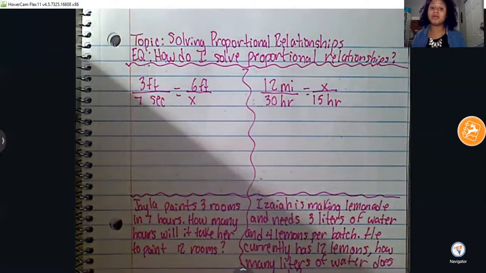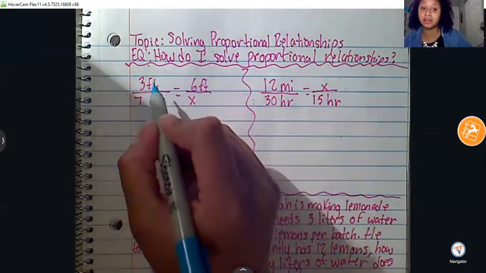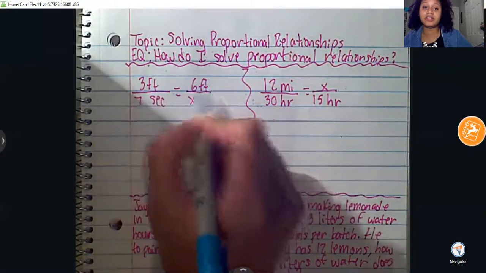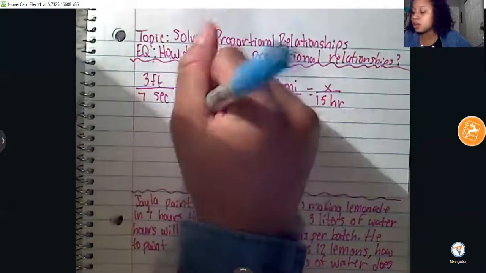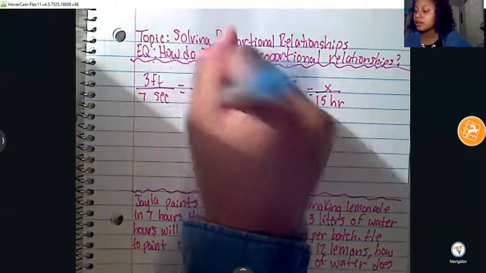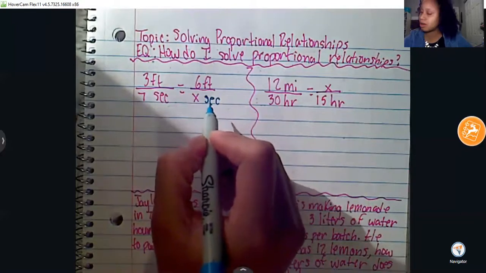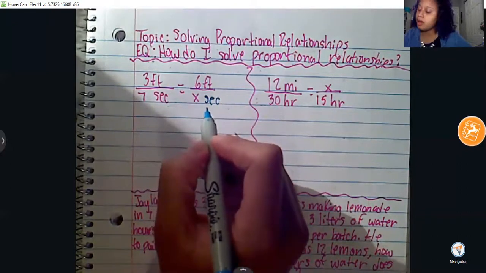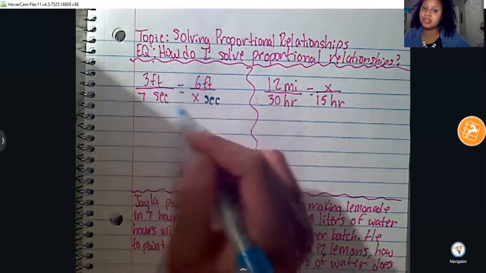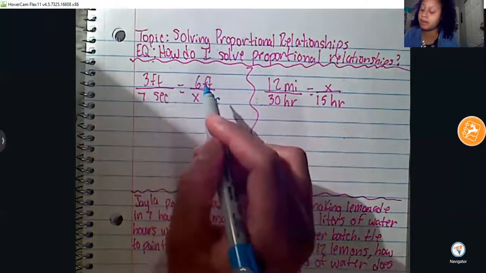We can assume it would be seconds, because if these are feet and this one is seconds, then the value in the denominator on the right side is also in seconds, because you match the units in each spot.